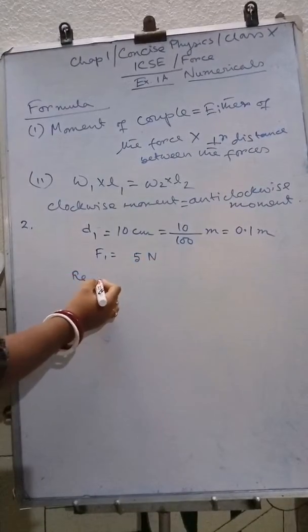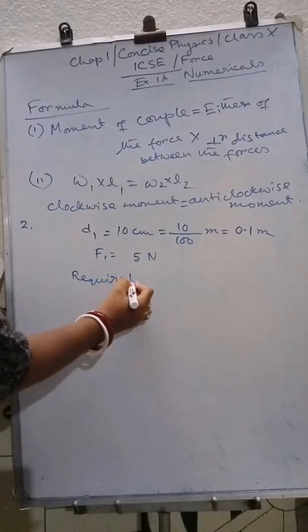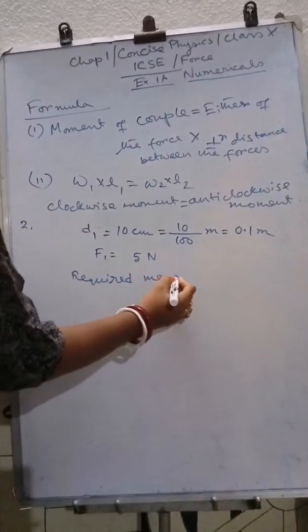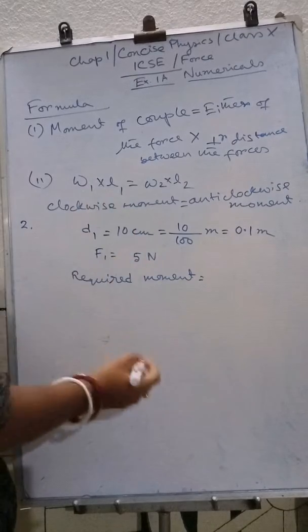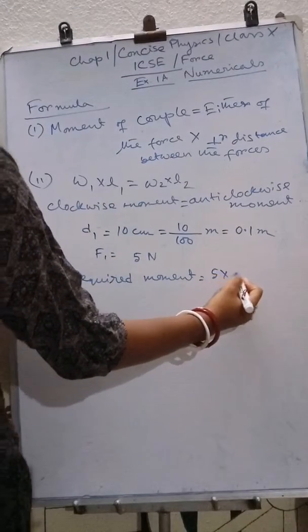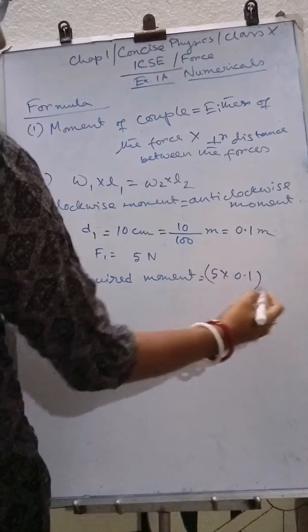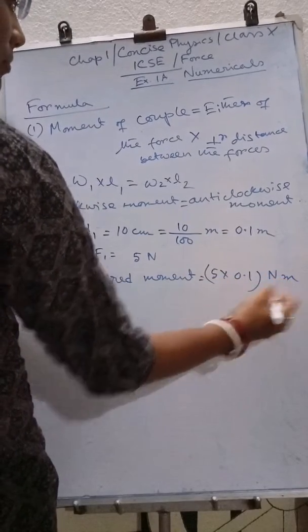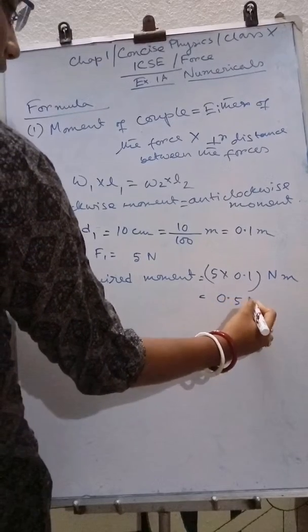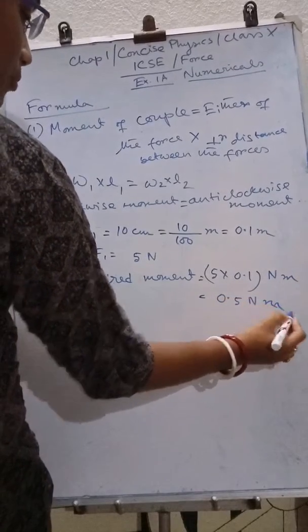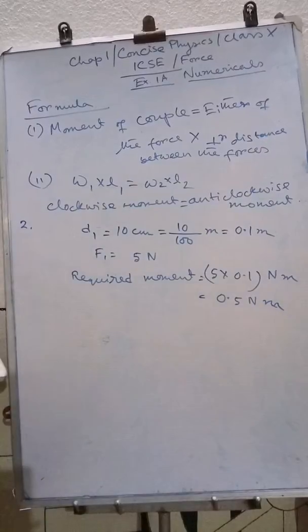So the required moment will be force into distance, that means 5 into 0.1, and the unit will be Newton meter. Therefore the required result is 0.5 Newton meter.